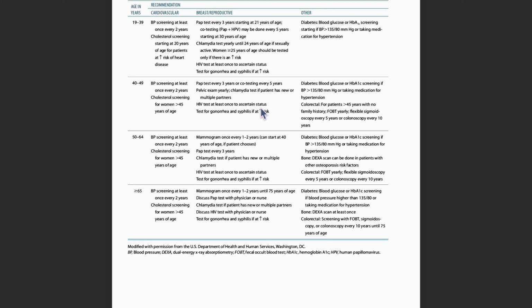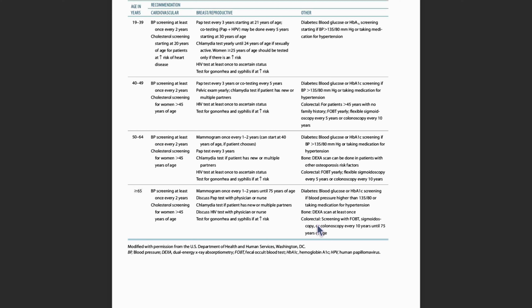HIV test at least once to ascertain status. Test for gonorrhea and syphilis if at increased risk. Diabetes, blood glucose or HbA1c screening if BP is more than 135 by this, or taking medication for hypertension. Colorectal for patients more than 45 years with no family history.